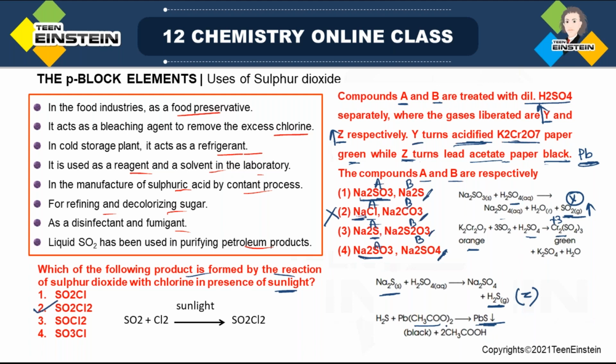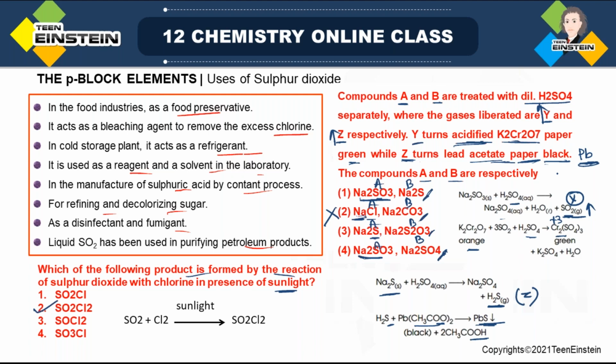So H2S, in presence of sulfide ion, Pb is attached to acetate ion, but now it is attached to sulfide ion and acetic acid is removed. Now this PbS is responsible for this black color. So this test, lead acetate paper turning black, is the identification test for H2S.